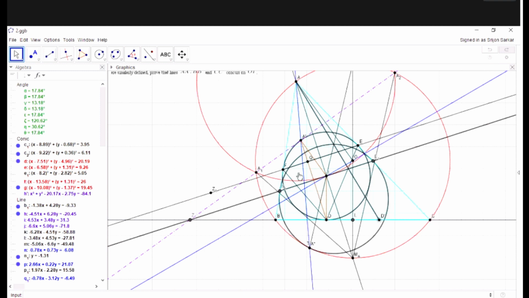So these Nagel lines we will get for the other ones as well, B and C, and all these Nagel lines concur at a common point, which is known as the Nagel point. All these Nagel lines concur at the Nagel point, right? And this Nagel point lies on OI. That's a fact. You can prove it using barycentric coordinates. It's a fact, like, yeah.